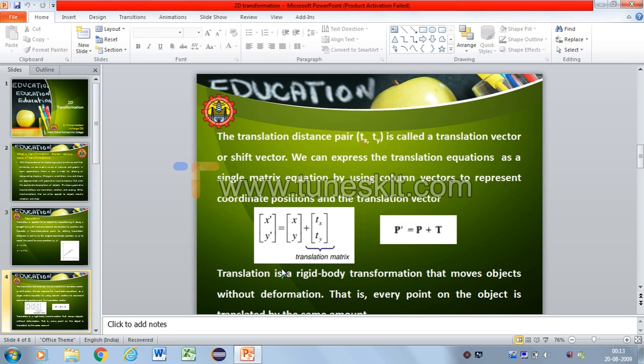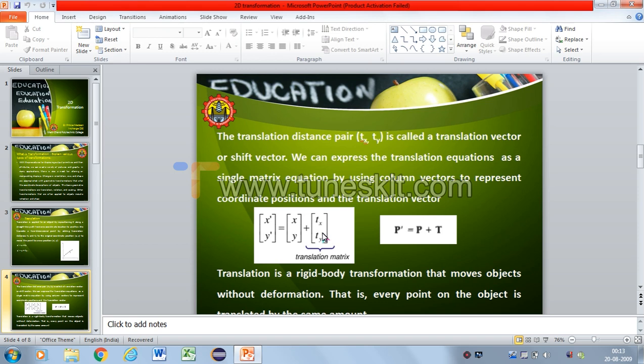In this we are representing P dash, having coordinates x dash and y dash, like this, and the original P having coordinates x and y, like this. And this is your translation matrix, the translation distance T, which contains tx and ty.